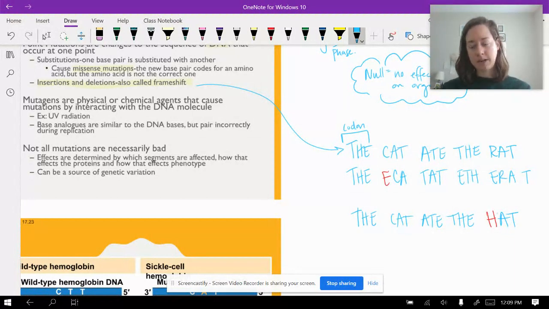So in the frame shift mutation, which is the one at the top, the amino acids that follow and the codons that follow, none of them are what they should have been. None of them are right. With the substitution, most of them are right, but one of them is not. And that one could be a null mutation or it could have an effect, but it's a lot more likely that your codons in a frame shift are going to be really, really wrong.